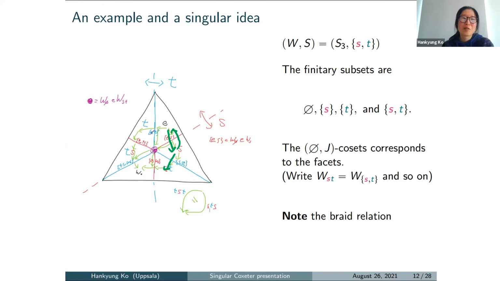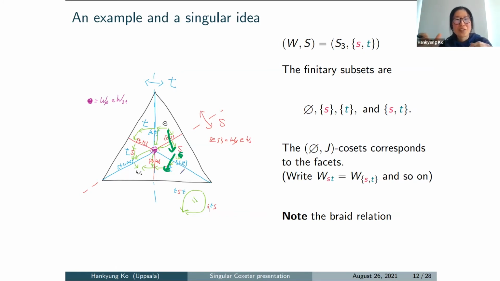And in the Coxeter monoid, because of the relation S times S is S, you go forward if you multiply in a reduced way, and if you multiply something that makes it not reduced, you stay.